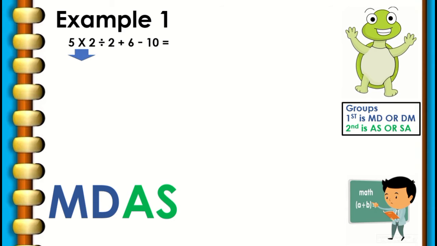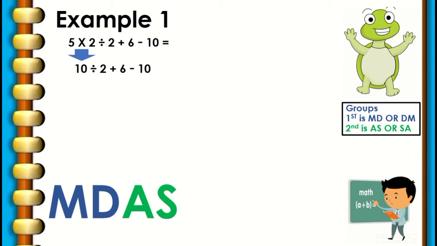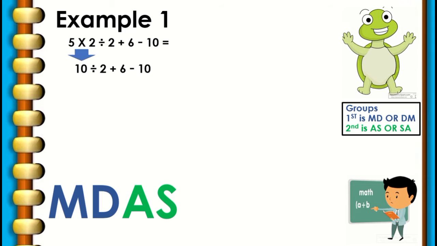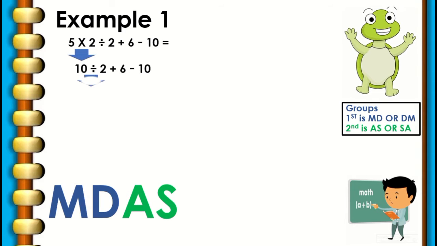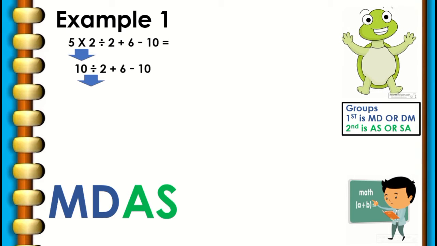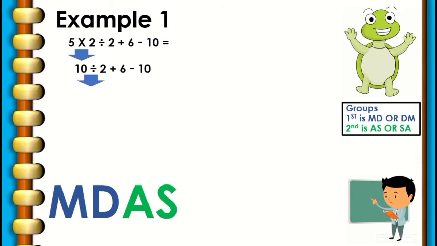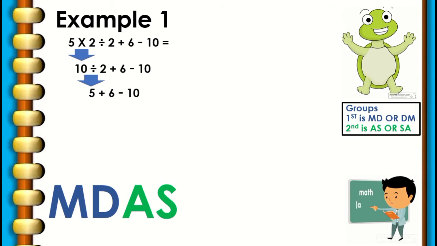So, 5 times 2, that is 10. Then, copy the remaining symbols and quantities. Divided by 2 plus 6 minus 10. Next, sa first group, meron pa tayong natitira na division. So, 10 divided by 2 plus 6 minus 10, that is 5 plus 6 minus 10.